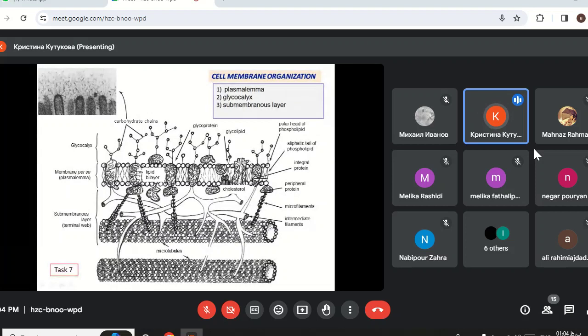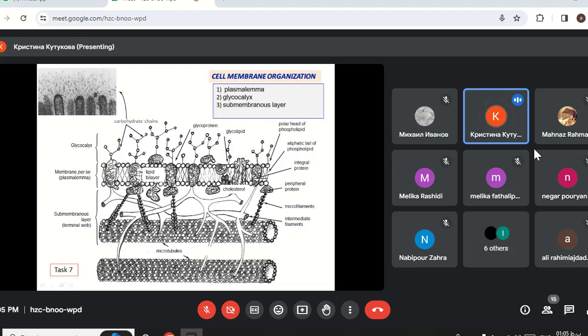The proteins compose about 50% of the membrane composition. So the membrane consists of phospholipids and proteins. Proteins can be inserted inside the membrane like this one, and such protein is called integral protein. Some proteins can be just attached to the membrane like this one, and such are called peripheral proteins. So this is the membrane or plasmalemma.